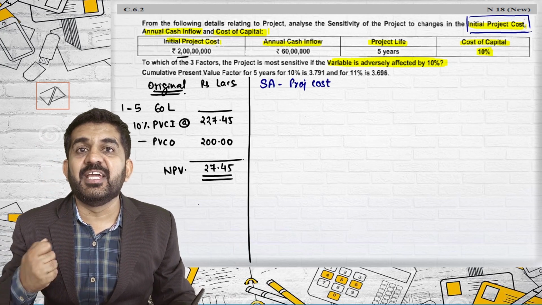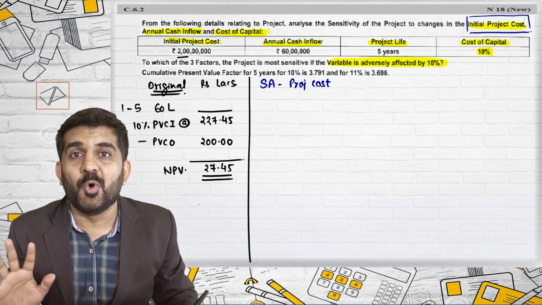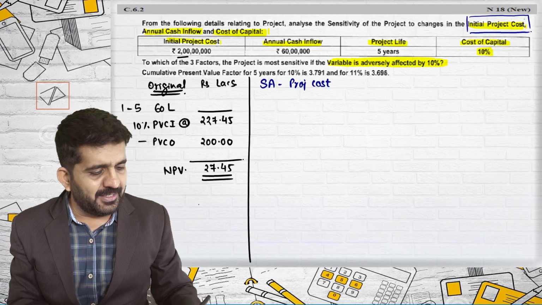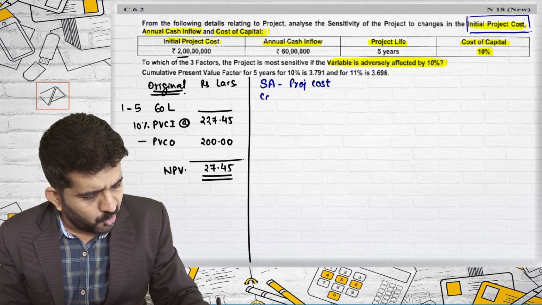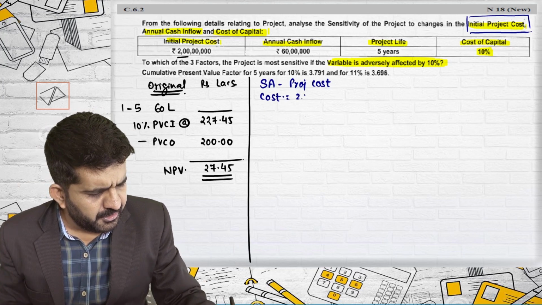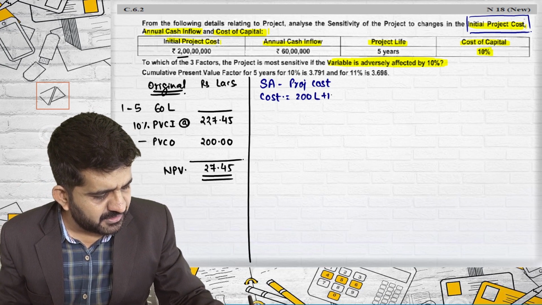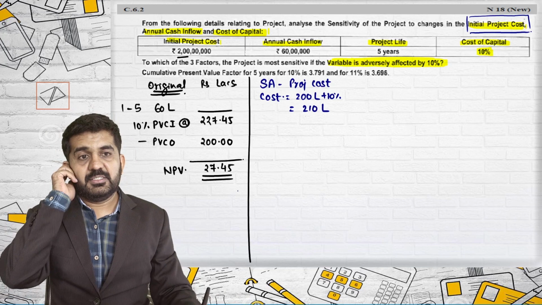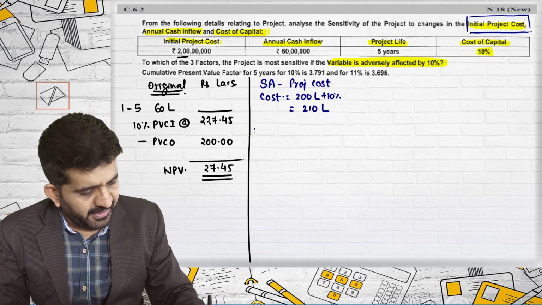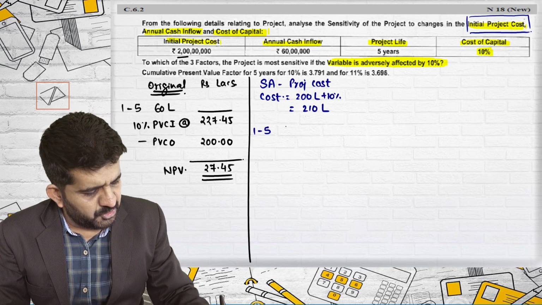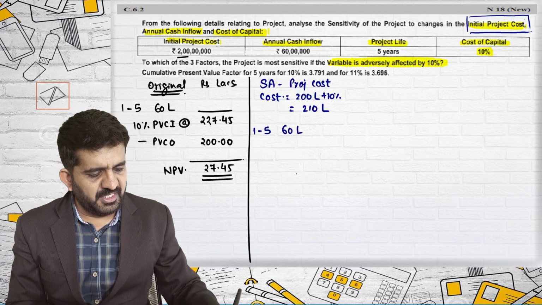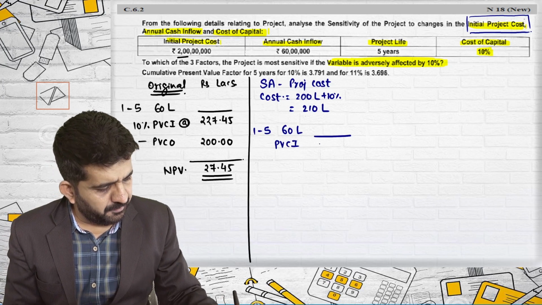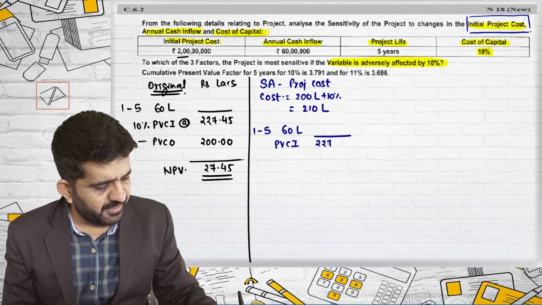Project cost if decreases by 10%? No. What is the adverse effect if project cost increases by 10%? Then what would be the cost of the project? It is 200 lakhs plus 10%, which will be 210 lakhs. My cash flows from 1 to 5 years will remain the same, which is 60 lakhs. So present value of cash inflow will also remain the same, which is 227.45.